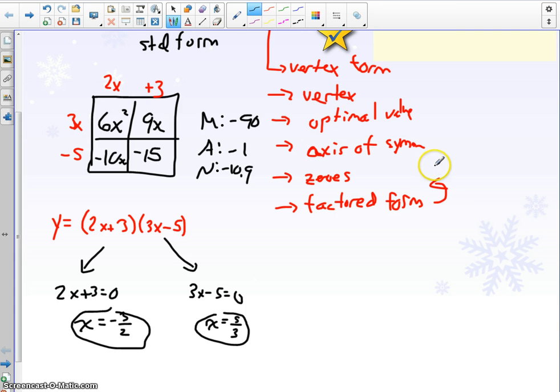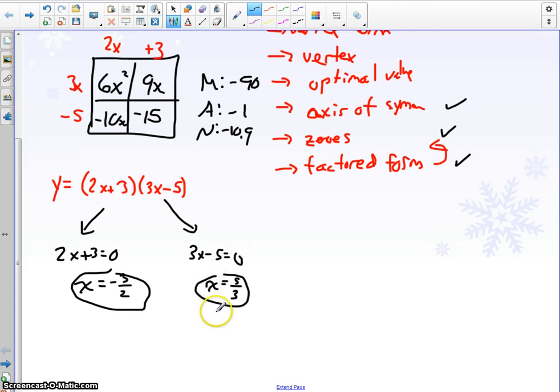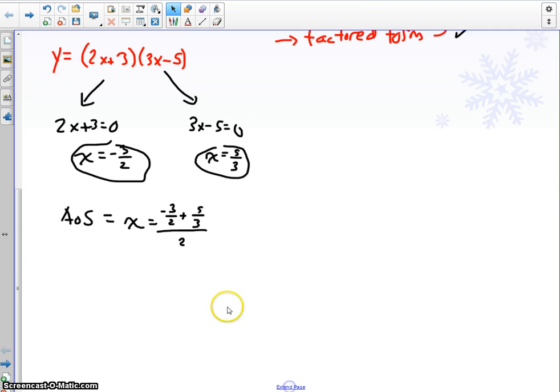What comes next? I found the factored form, I found the zeros. Let's find the axis of symmetry now. My axis of symmetry is halfway between our two x-intercepts. So negative 3 halves plus 5 thirds, all over 2. I'm going to let you work with the fractions on that one.